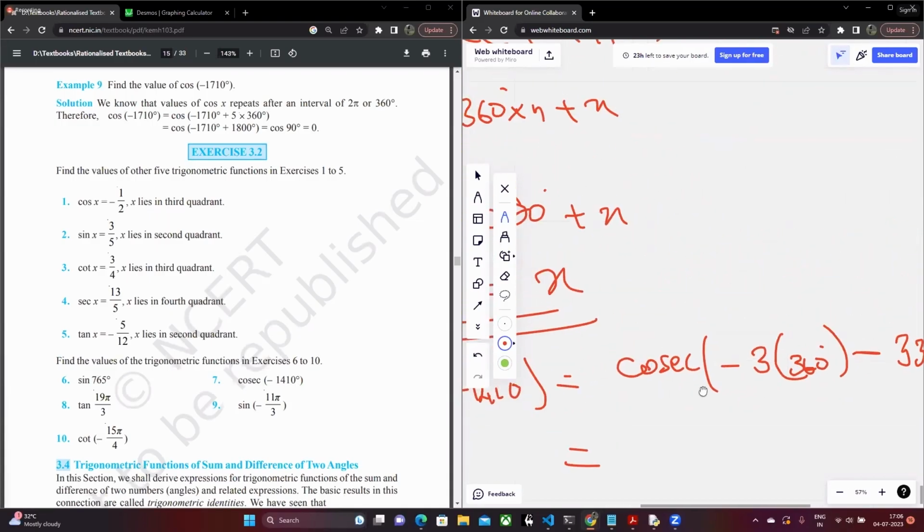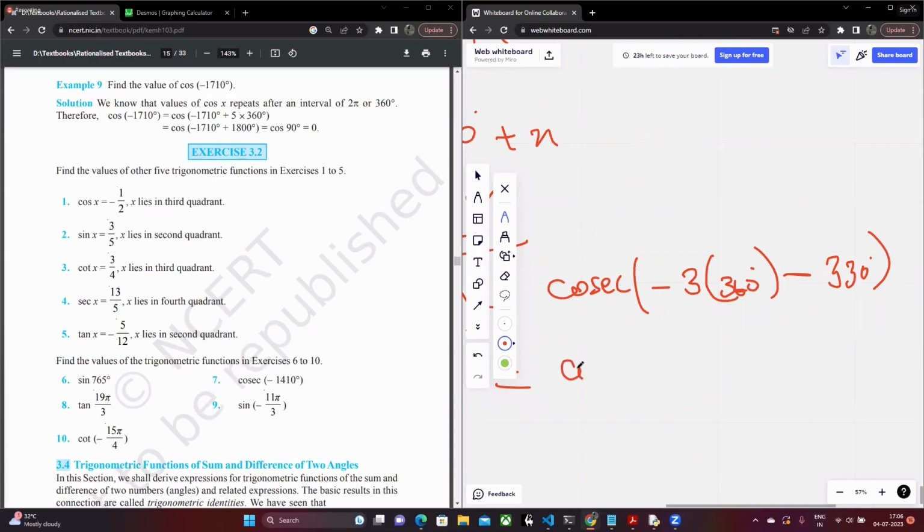Or you can write this as cosecant of minus 4 into 360 degrees plus 30 degrees, right?